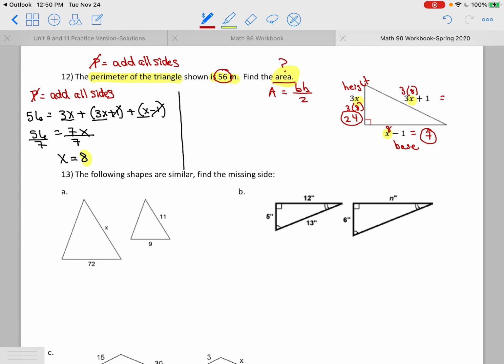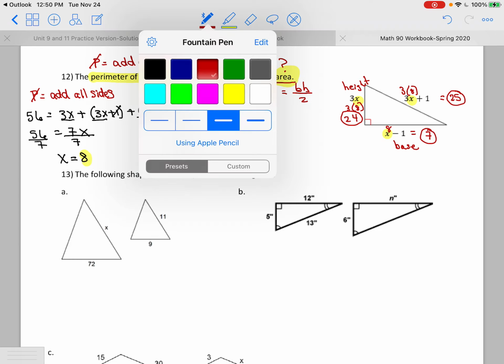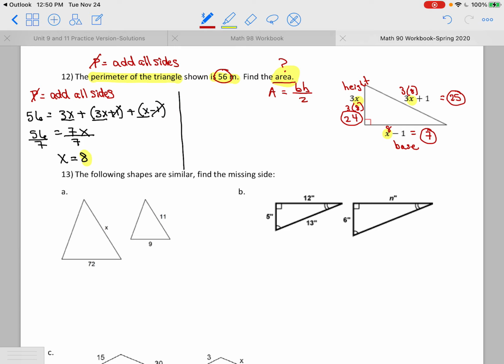And here we would have 24 plus 1, so 25 is actually the hypotenuse, isn't it? This is a right triangle, so that's the third side here, is 25. Now we can go ahead and fill in some info here.